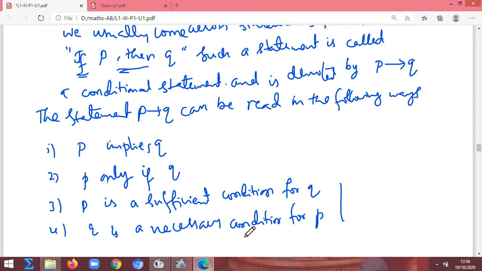If you want p to be true, then what is a sufficient condition? q must be true.